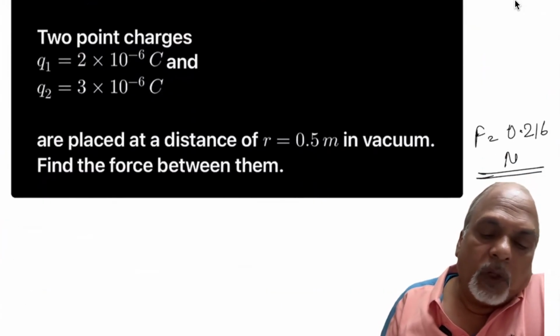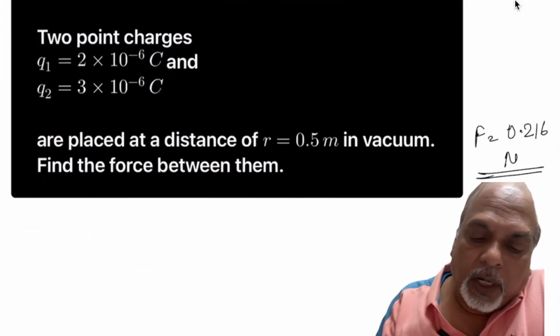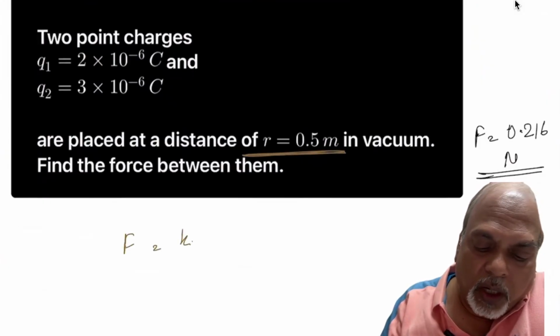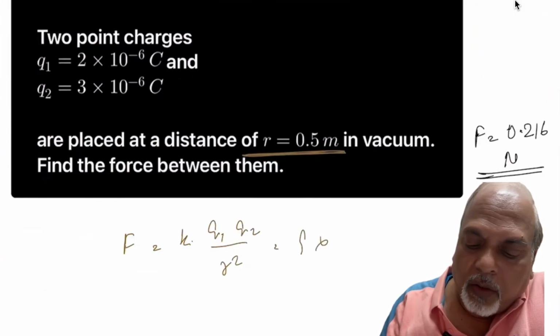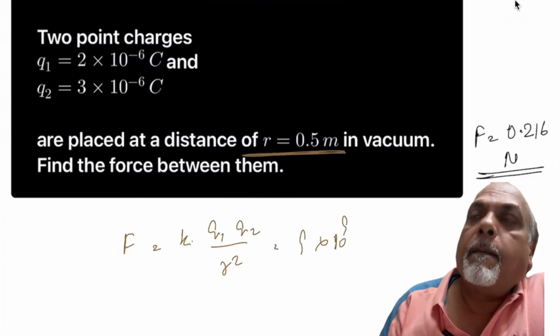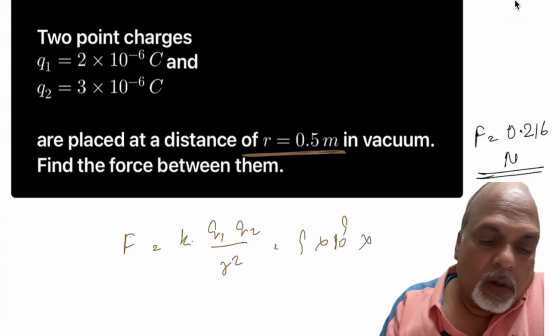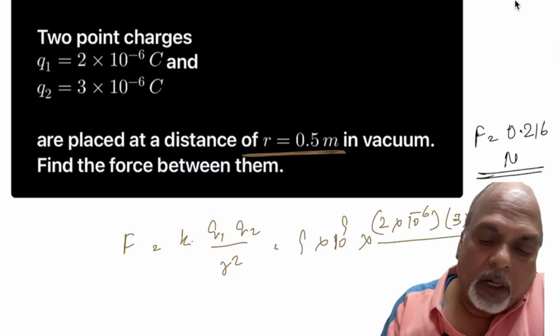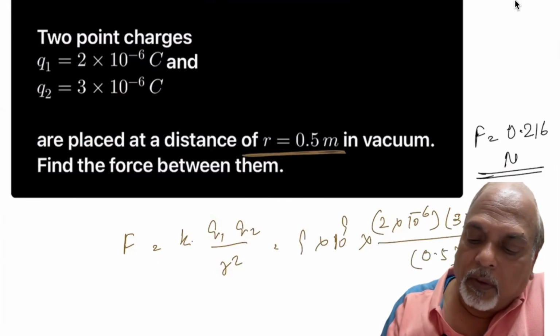This is a question of Coulomb's law, charges placed at a distance 0.5 meter in vacuum. So very simple question. K Q1 Q2 upon R square, and that is 9 into 10 raised to 9 into 2 into 10 raised to minus 6 coulomb, 3 into 10 raised to minus 6 coulomb divided by 0.5 square.